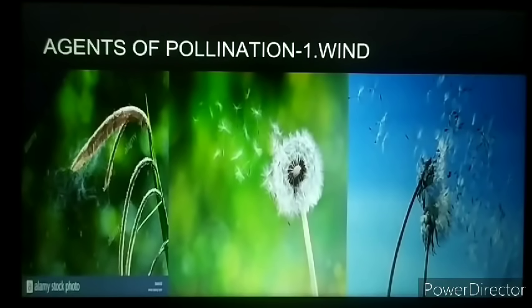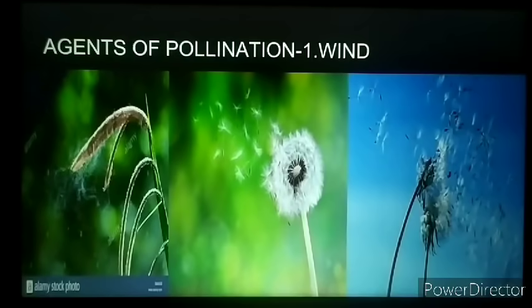And of course, in some cases the pollen grains are not sticky, or maybe the stigma is not sticky. In those cases, it is hairy. Even then, the pollen grains will get entangled very nicely with the stigma, and when they are stuck to it, pollination takes place. So how does pollination take place? Through wind.